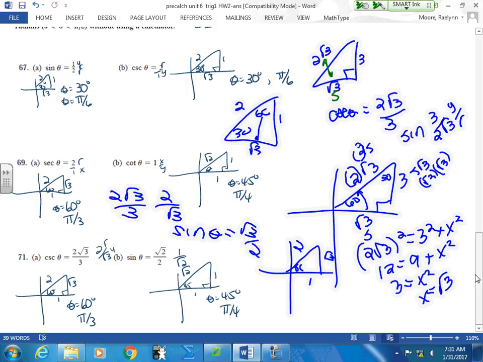By 2. So if this is a side, this is 2 sides, and I multiplied it by 2. So this should be side times radical 3. See it? So isn't radical 3 times radical 3, 3?